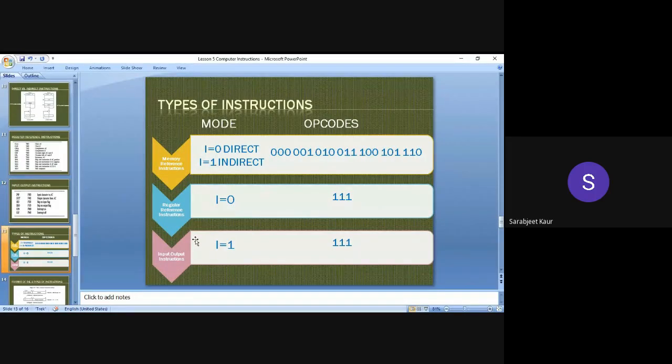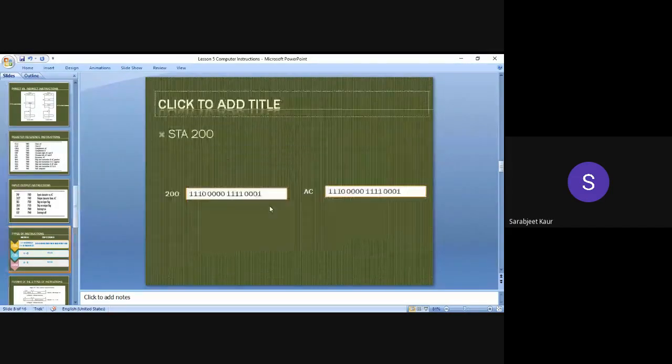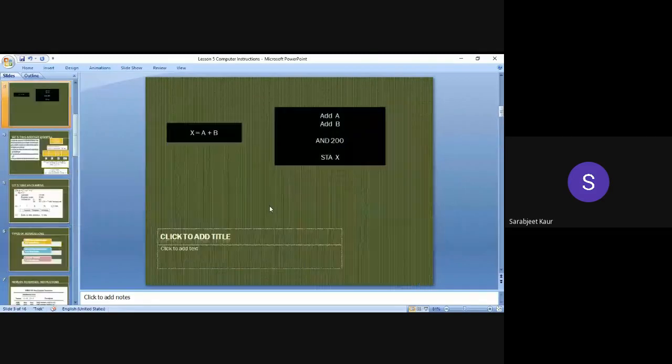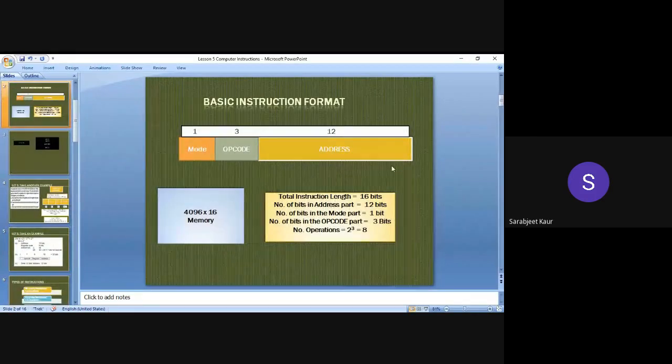So I'll stop here today. Tomorrow, in the next lab class, we are going to take this discussion a little further and see how we can fit all these types of instructions in this basic instruction format.